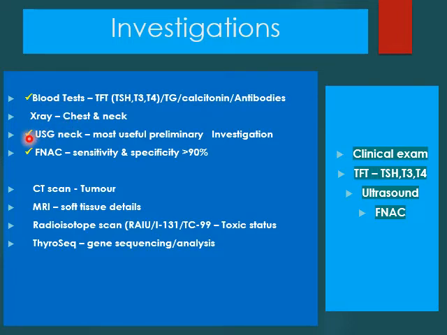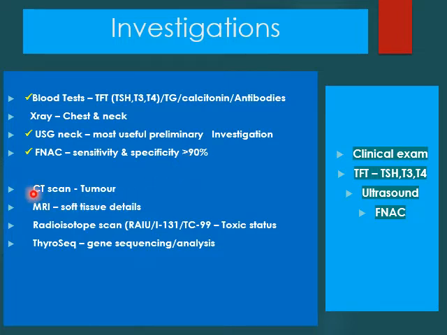Ultrasound neck is the most important and most useful preliminary investigation in all patients with thyroid problem. And this is followed by fine needle aspiration cytology or FNAC, whose sensitivity and specificity are as high as more than 90%.